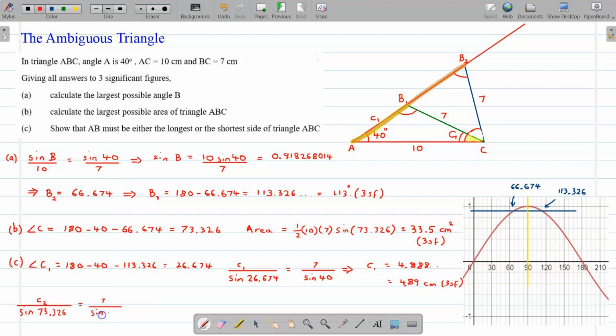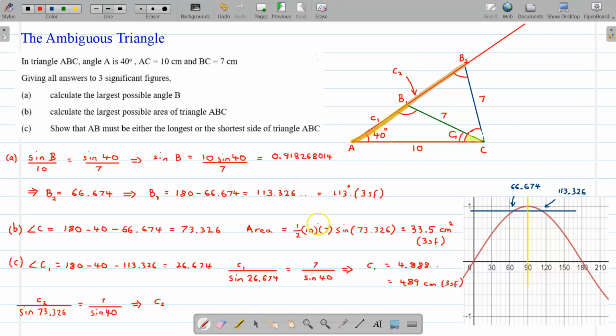Now, if we rearrange that in the same way by multiplying both sides by sine of 73.326, we get that length c2, so the whole of that orangey coloured line is of length c2.